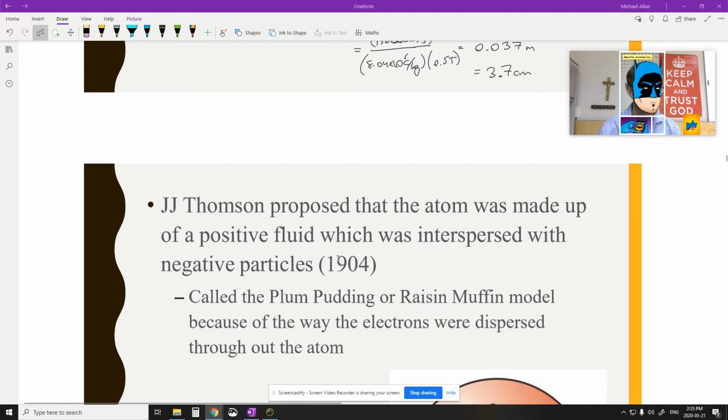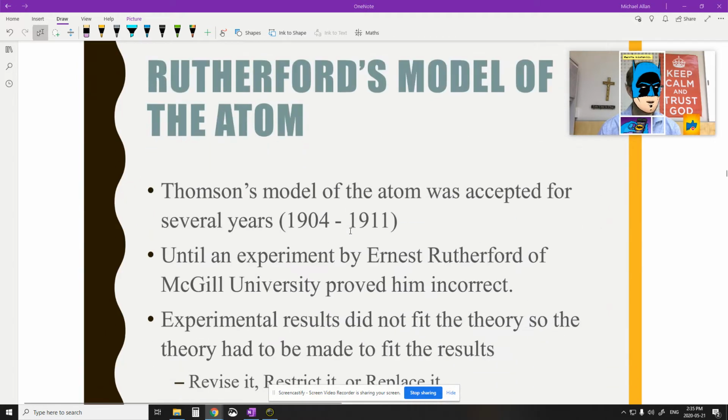Okay, so his lasted for quite a long time. 1904 was J.J. Thomson's model. And then Rutherford's model was about 1911, when Thomson's model started getting questioned, right, of its validity.